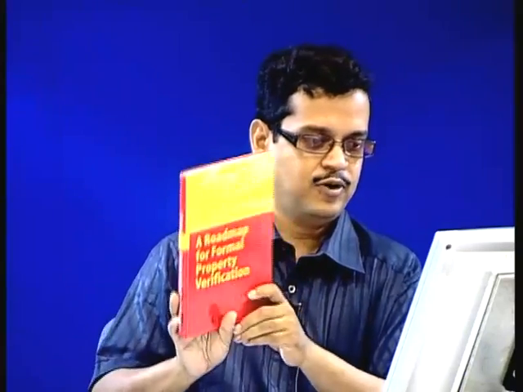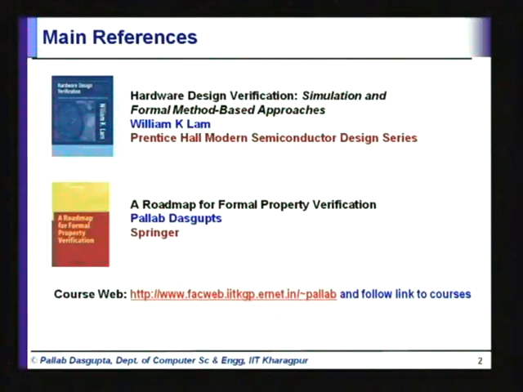I will also teach the formal methods part mostly from a book which I wrote a couple of years ago, A Roadmap for Formal Property Verification, from Springer. It is available in the e-books of Springer, and the institute has an e-books subscription. So, you should be able to download the book from the Springer website.